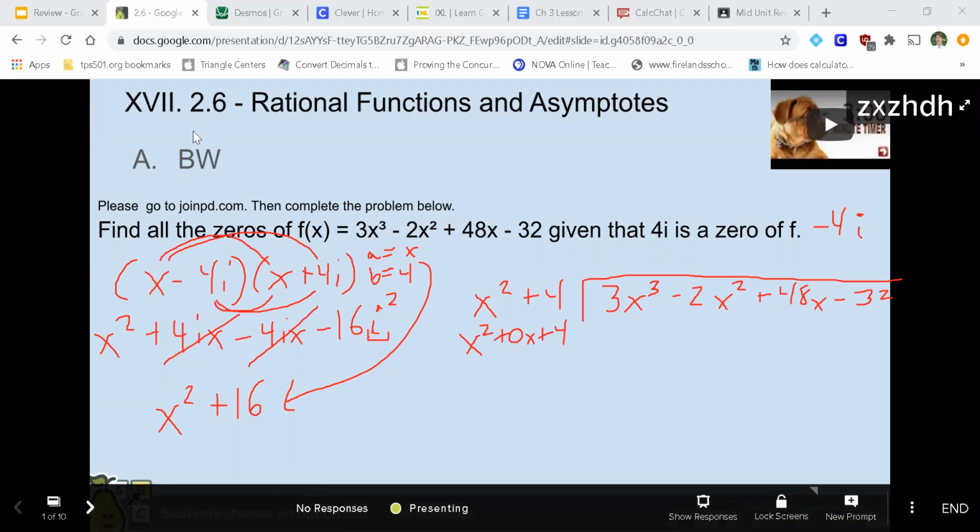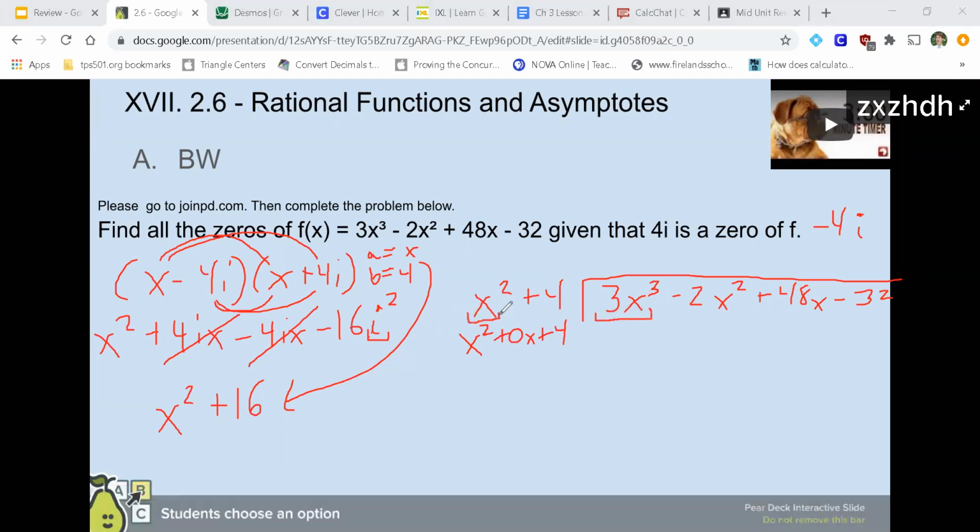So we go through long division. Take my lead terms and divide. 3x cubed divided by x squared is 3x. Multiply 3x times x squared plus 16 would give us 3x cubed plus 48x.